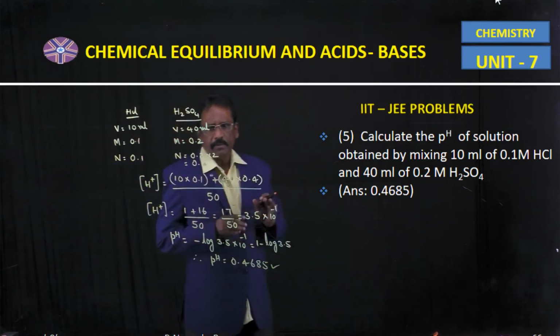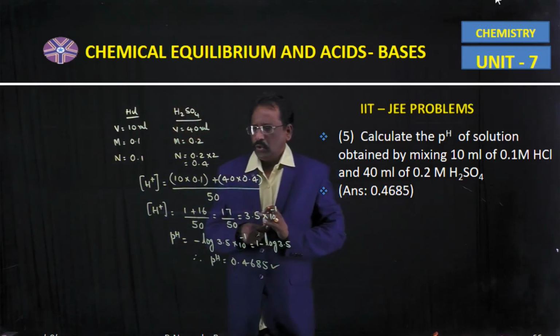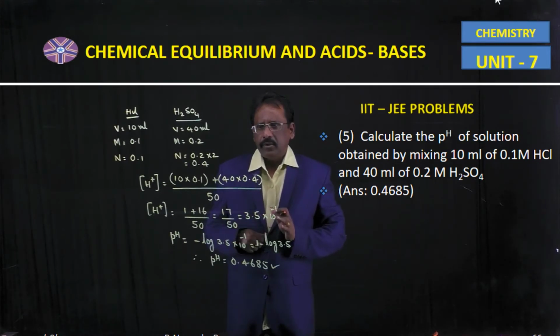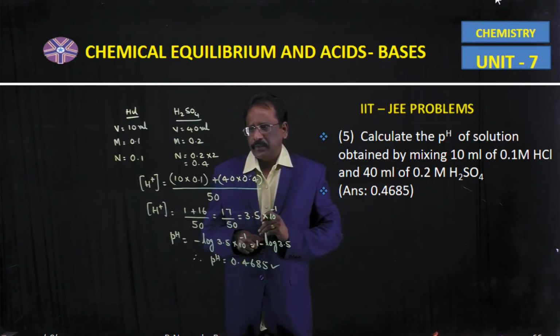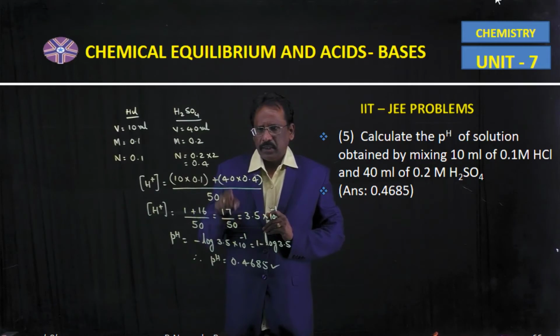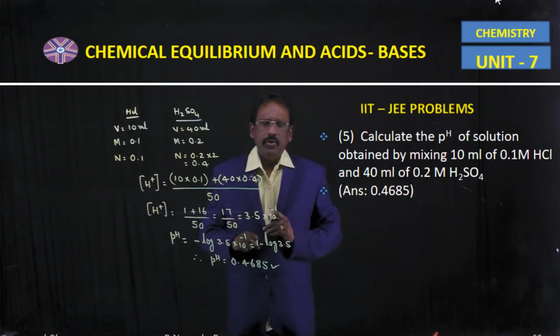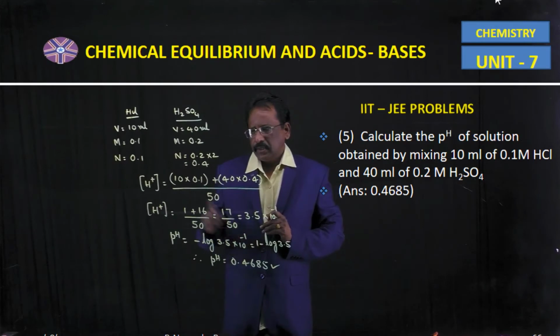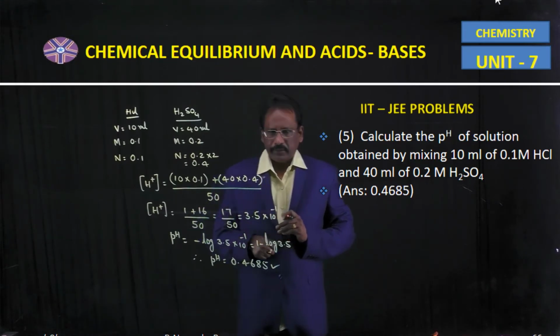So by mixing of two solutions, apply rule of normality. V1N1 plus V2N2 divided by V is equal to total normality of the solution. So here total normality of the solution is equal to 17 by 50.